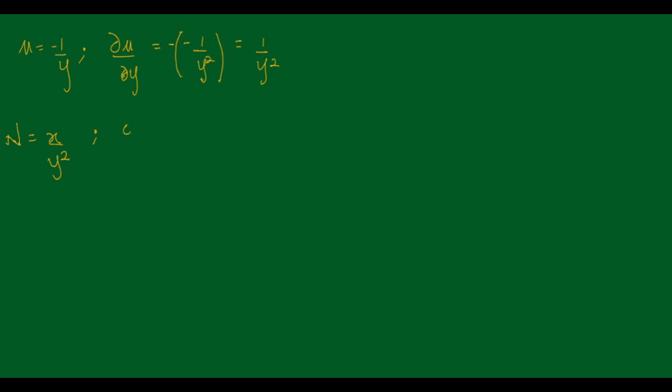So you can find the partial derivative of n with respect to x to be equal to 1 divided by y squared. Now you can see that the partial derivative of n with respect to x is equal to the partial derivative of m with respect to y, which is equal to 1 all over y squared. So this shows that the new equation we have is an exact differential equation.